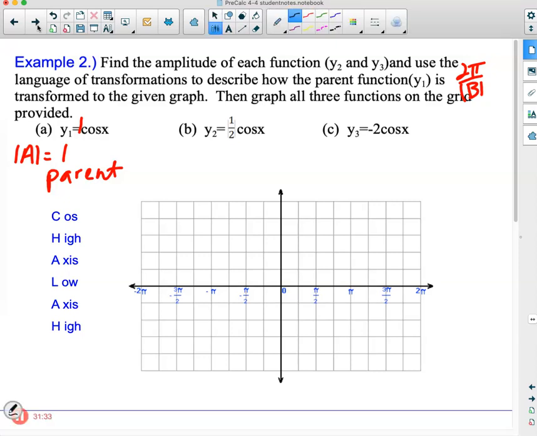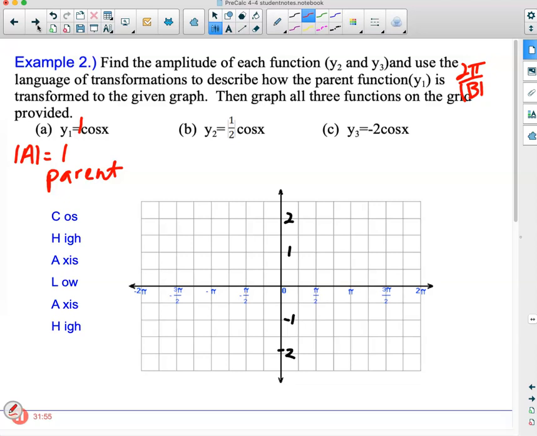And I see that for this one, we only have to go as high or as low as 2. So maybe we could spread this one out a little bit. Maybe go every 2 blocks. That'll make it a little bit easier to see our 1/2 for y sub 2 anyway.